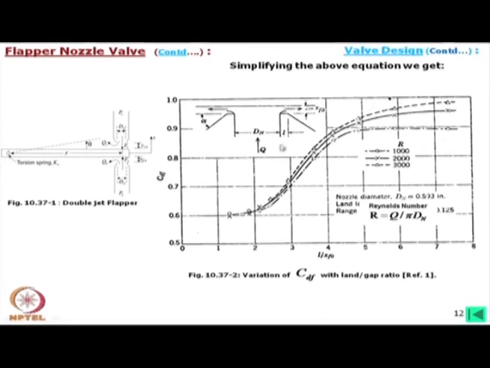In that case, say L is less, means we are on this side, so the coefficient of discharge will be less, whereas if you go on increasing this, the coefficient of discharge will be more. And this alpha angle, this value is not given here. I have no idea what this alpha angle is.